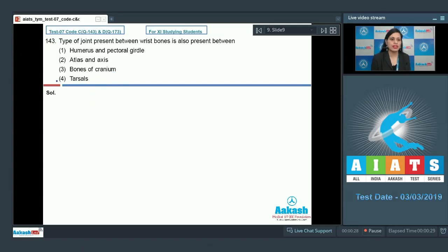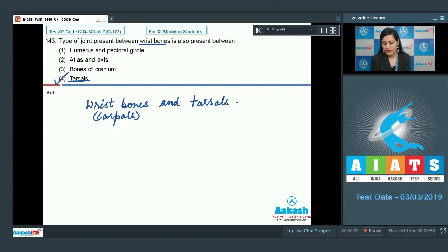The correct answer is option number 4, tarsals, because the type of joint present between wrist bones or carpals and tarsals is a synovial joint, and that too a gliding joint. It is the simplest type of synovial joint.